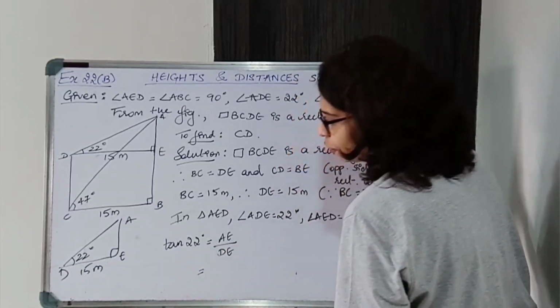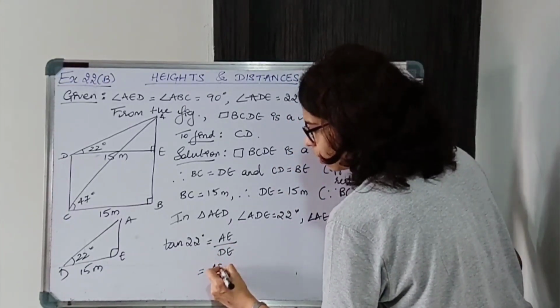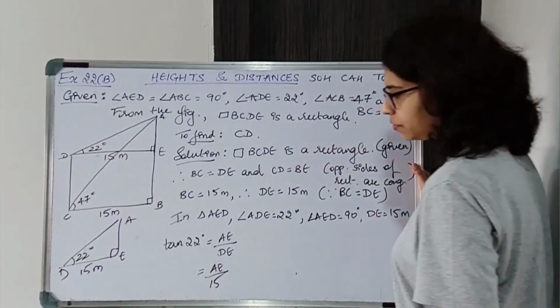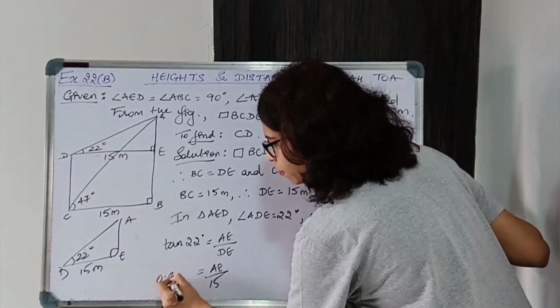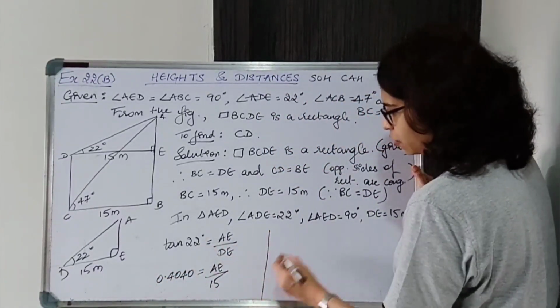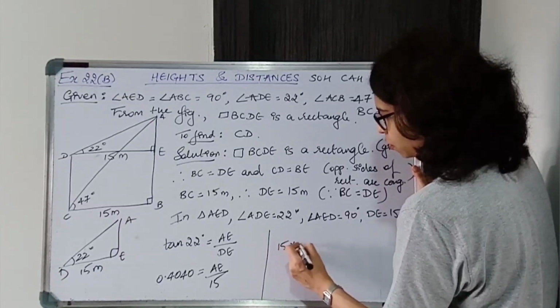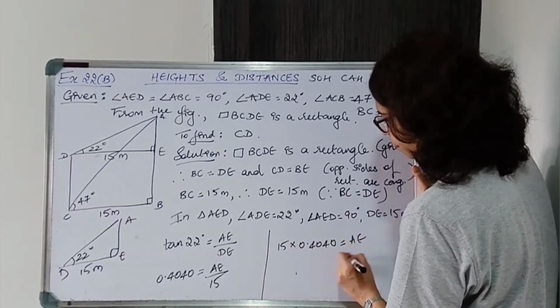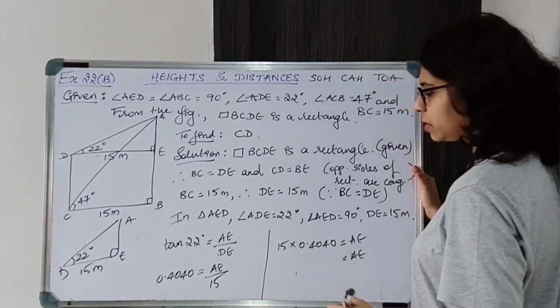Tan 22 you will get from the table. AE you have to find and DE is 15 meters. This is 0.4040. Now we'll shift this 15, so it becomes 15 into 0.4040 is equal to AE.